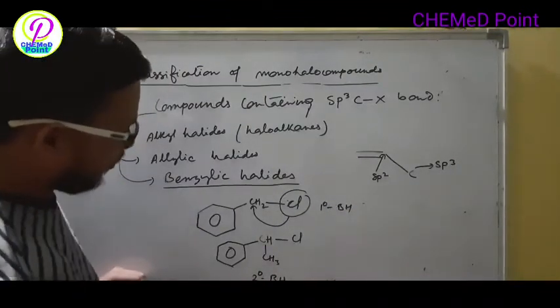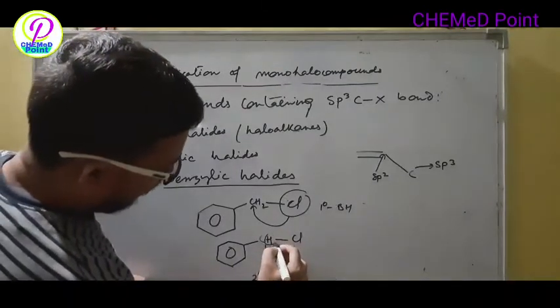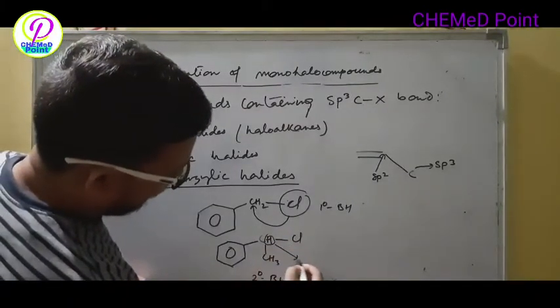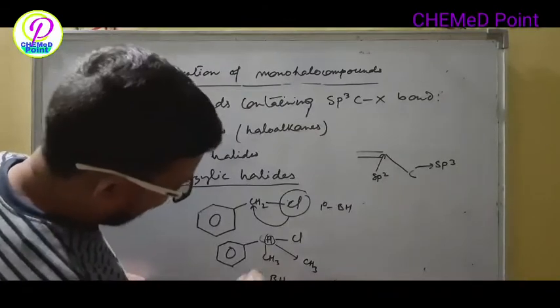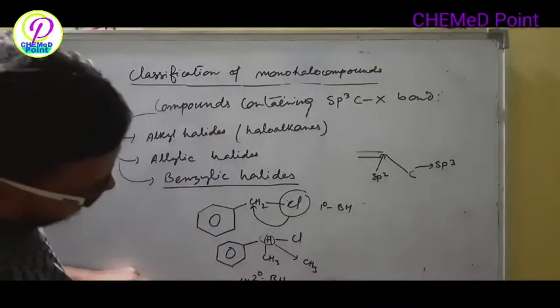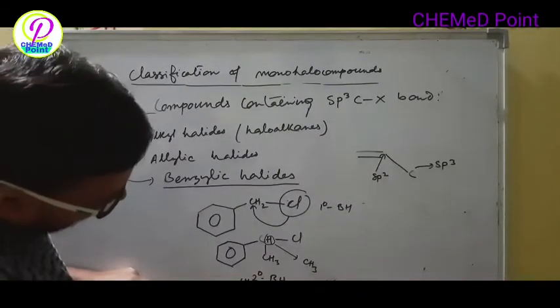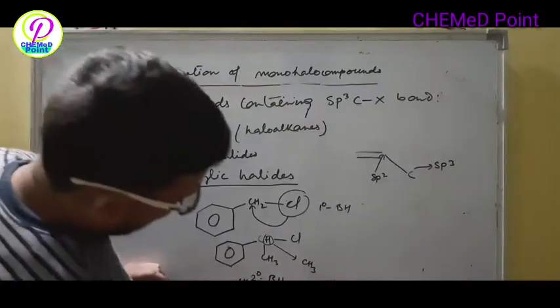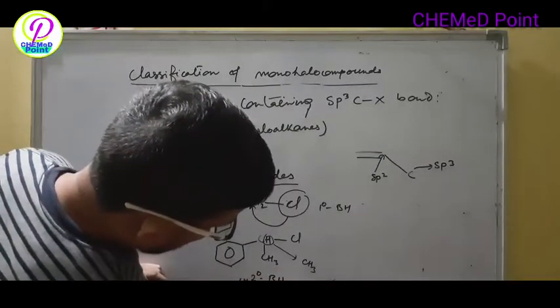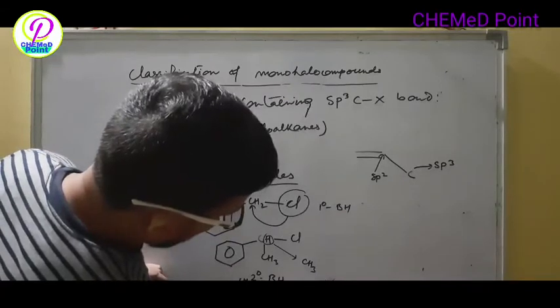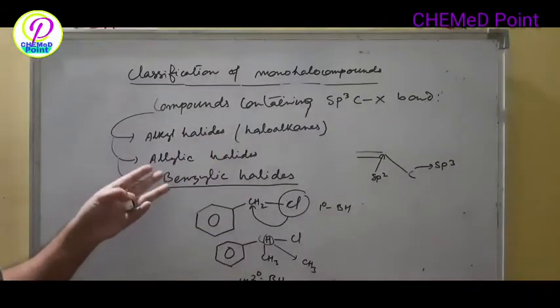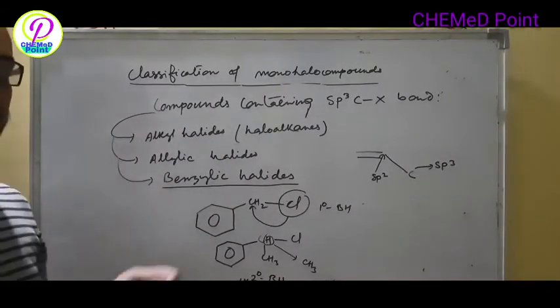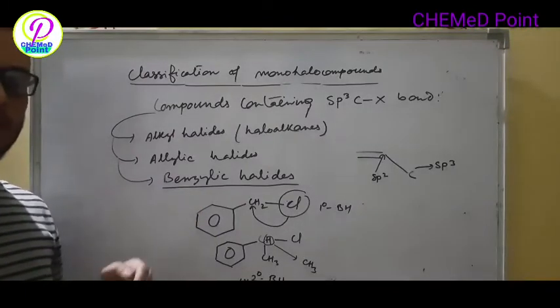If we replace one more hydrogen by another CH3 group, we will get another type of compound. You see the Cl atom is attached to the tertiary carbon. This compound is a 3-degree benzylic halide. These are the classes of compounds containing an sp3 hybridized carbon-halogen bond.